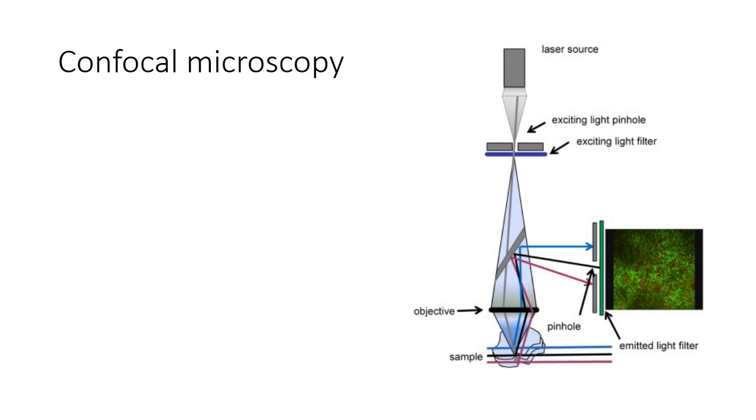Another important feature of confocal microscopy is that we can produce multiple images of the same object by collecting light rays coming from different planes. So we can have a 2D image for each plane.